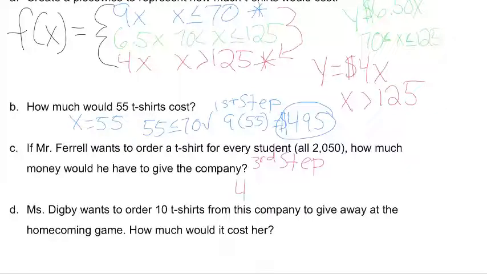So we are looking at the third step. So we have $4 times how many t-shirts we're ordering. And we get $8,200 as our answer.